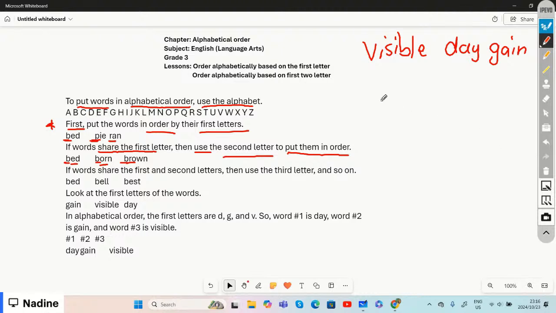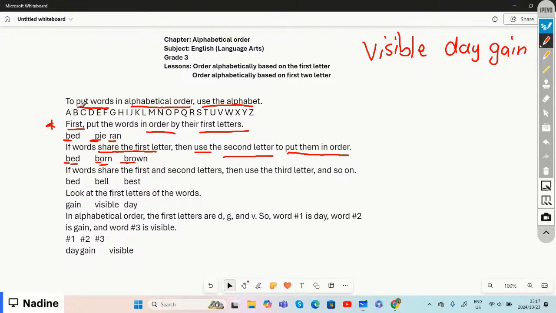So we have our three words over here: visible, day, and gain. We need to put these words in alphabetical order. Which one will be first based on letters? If we were to put these words in alphabetical order, yes, day.